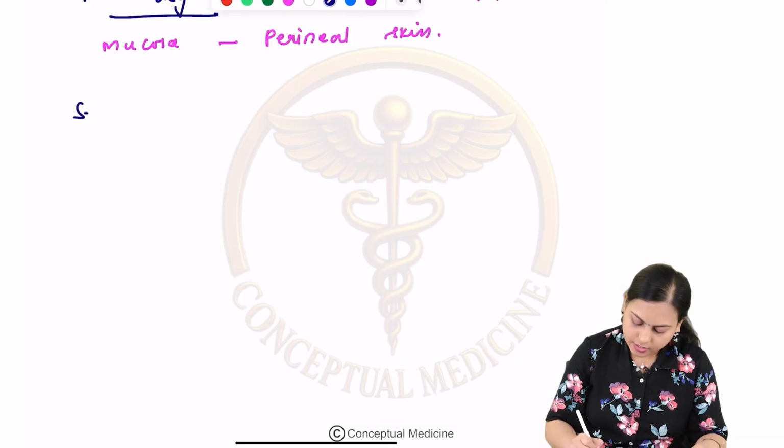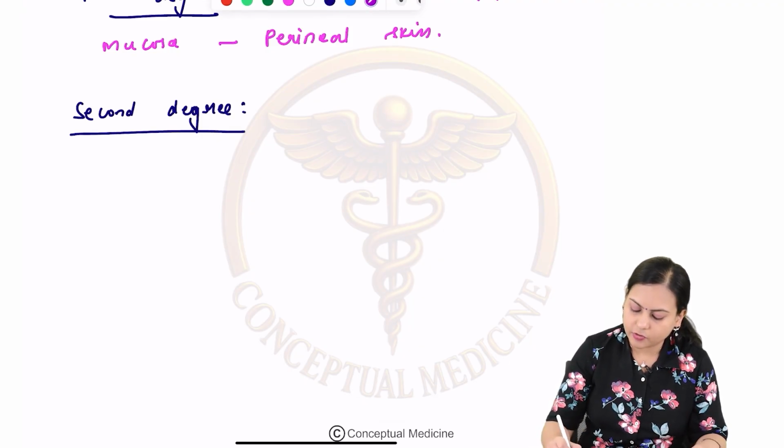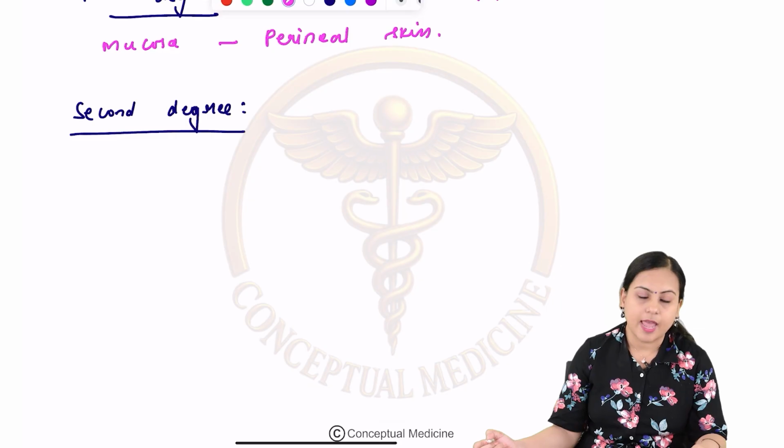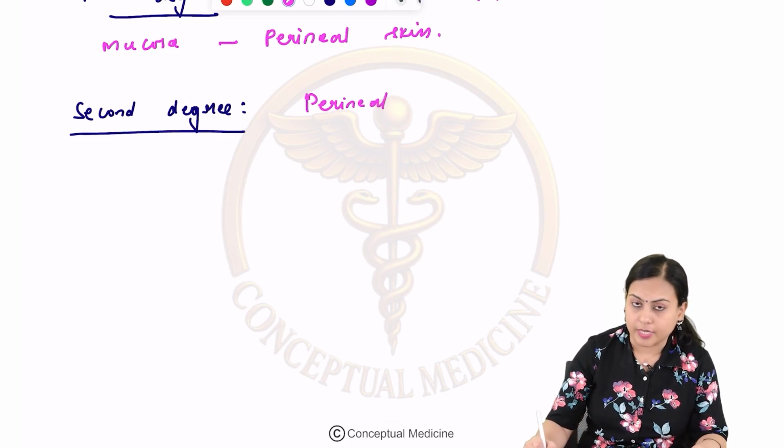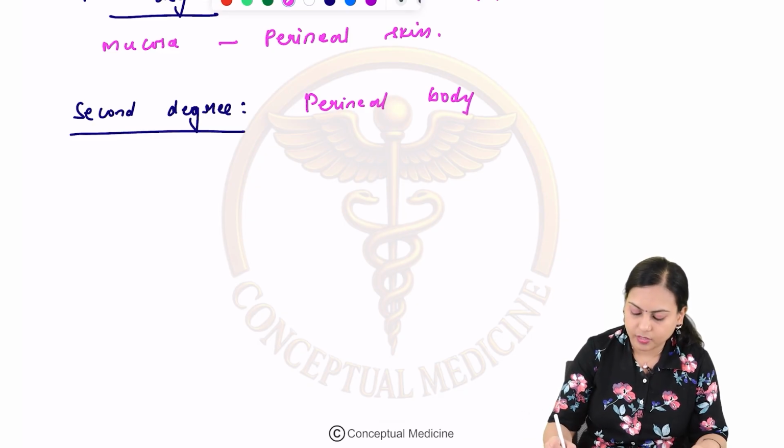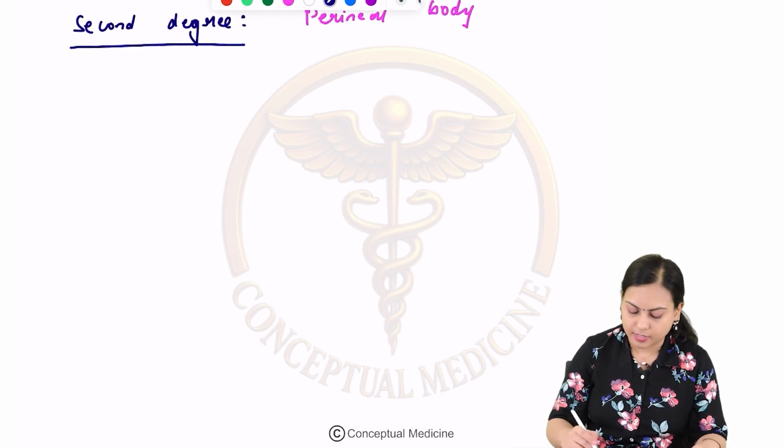And the second degree of perineal laceration involves the vaginal mucosa as well as the perineal skin. Along with it, it includes the perineal body as well. Okay, perineal body and the perineal muscles.